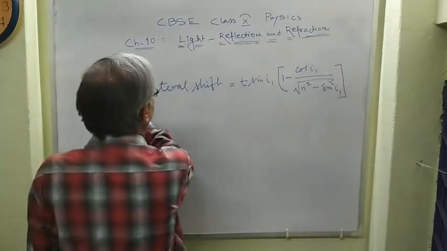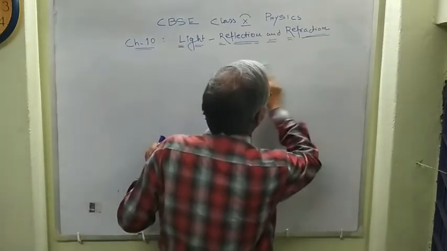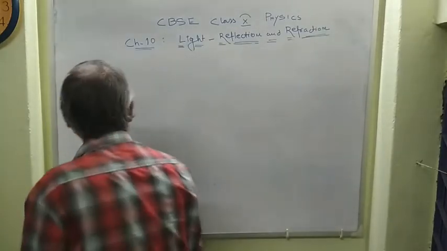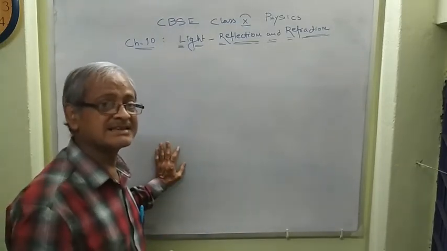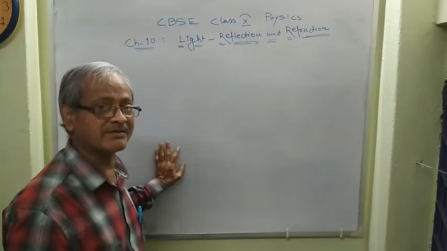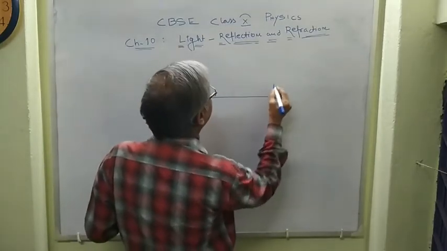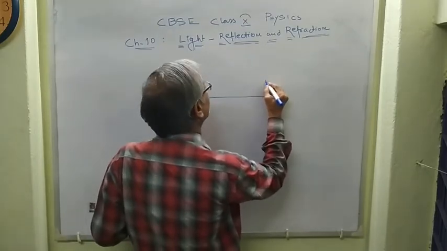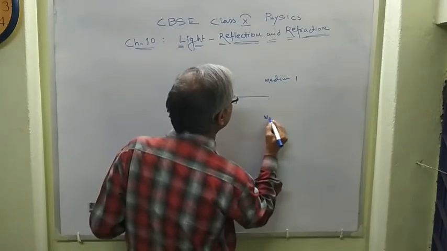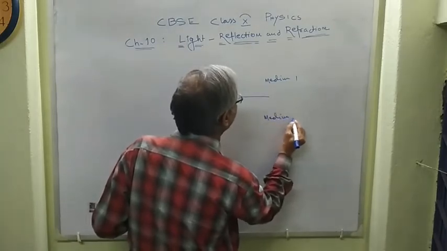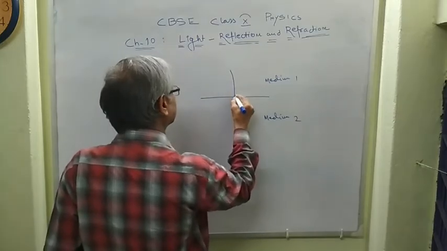Now we see that if normal incidence occurs, what will happen? It is a medium, say medium 1, this is medium 2. Here a normal incidence occurs.